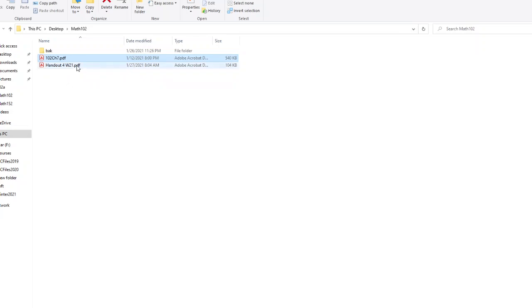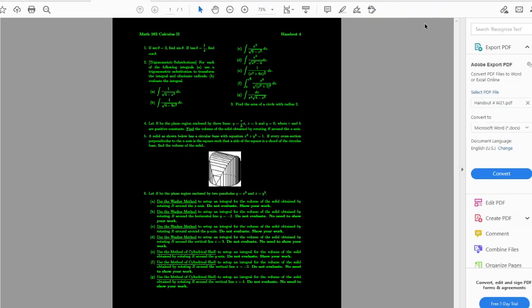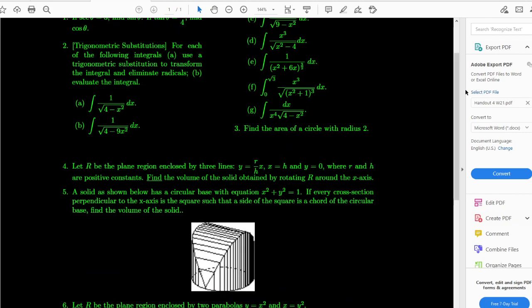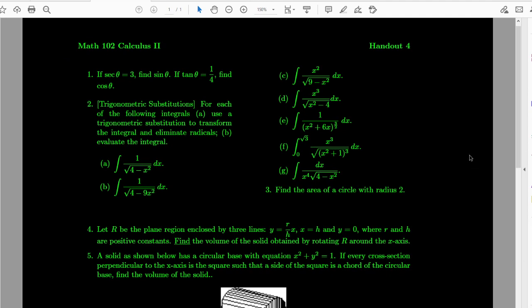So basically, I want to show you for what type of integrals we are going to use trig substitutions. Again, download handout number 4. On the screen, you have the handout. Now look at all the integrals in question 2.